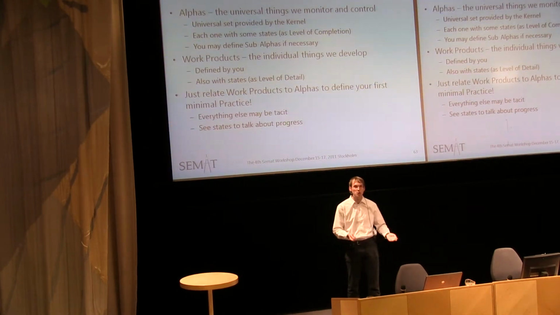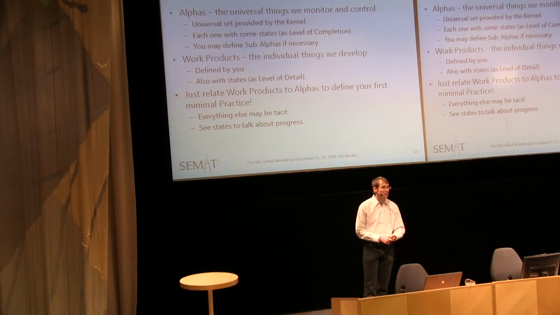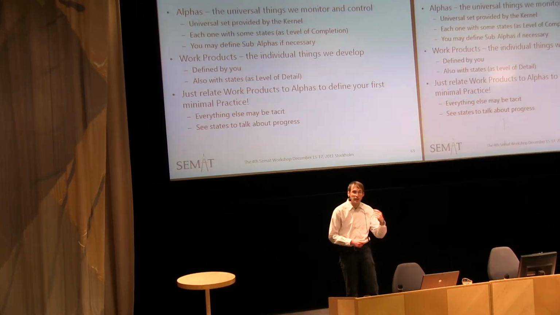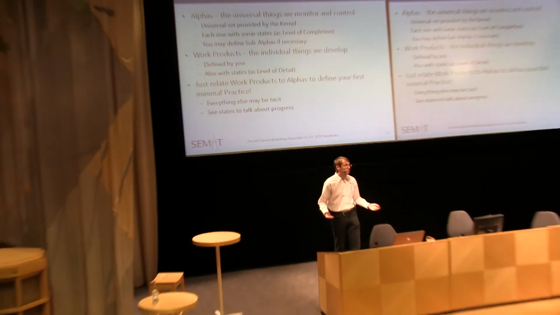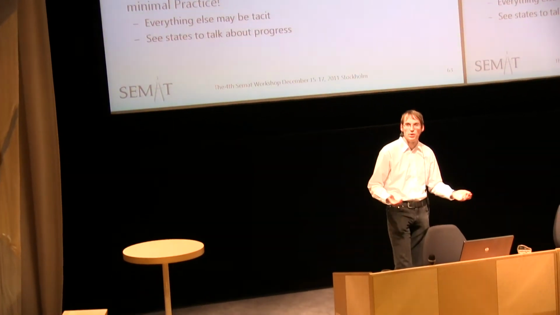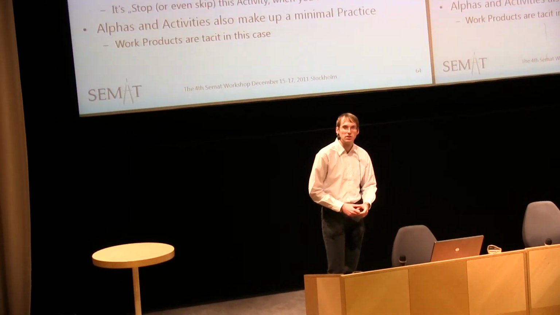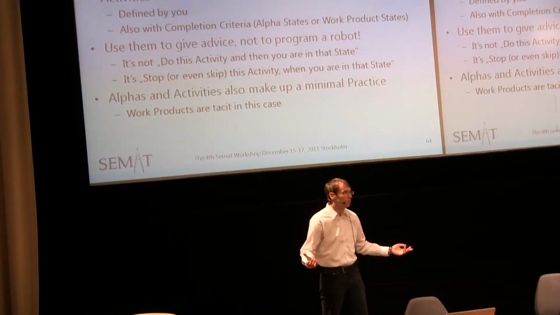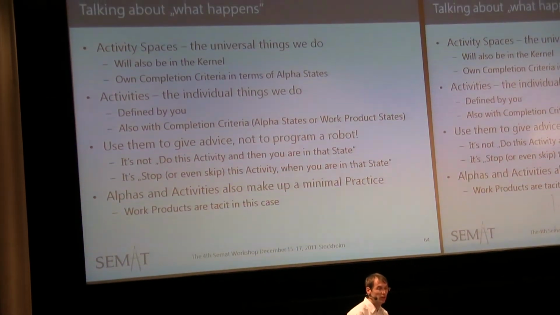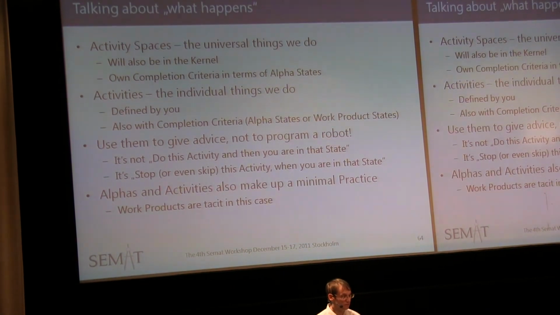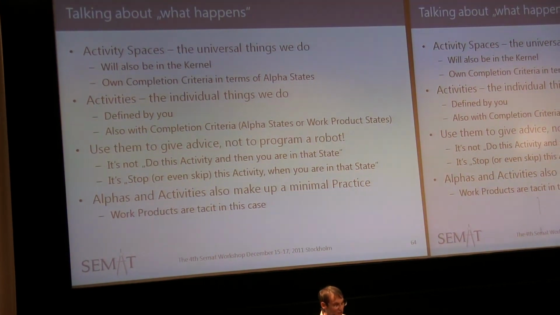So you have the evolution of these elements without explicitly talking about it. So SEMAT doesn't force you to explicitly talk about it. But of course you might want to talk about it. And you can. So you want to talk about what happens in your endeavor. Well, quite the same thing.